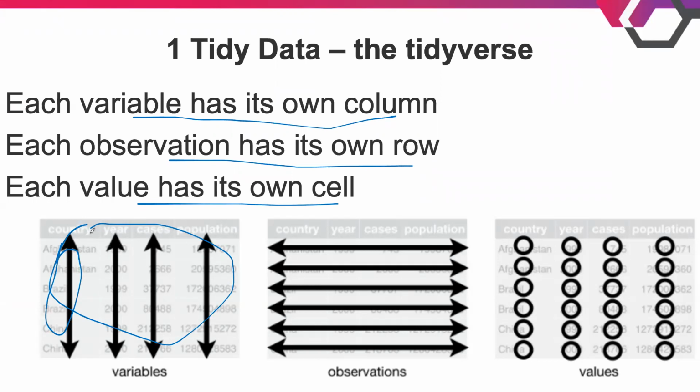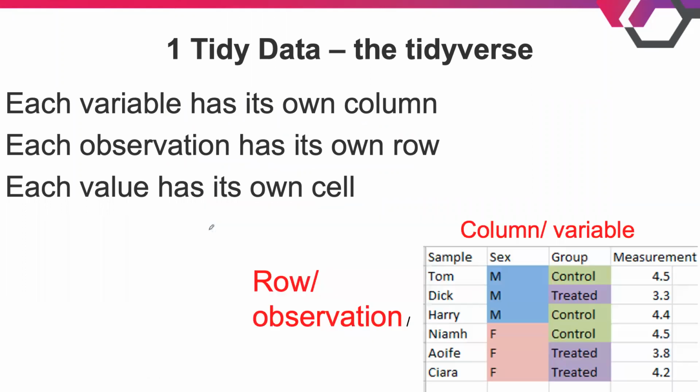Or we can combine multiple areas together, like country, year, and cases, or country, year, and population, for example. So if we have data like this, where we have a sample, a sex, a group, and measurement, we might be able to bring this all together so that we just have one measurement per row, as we have here.